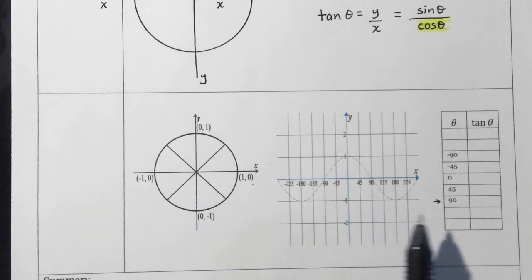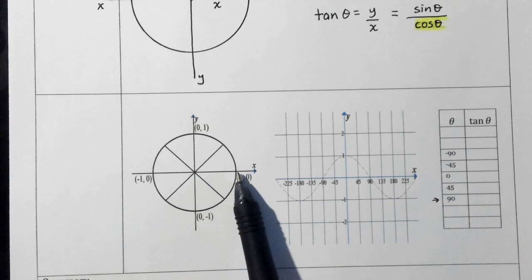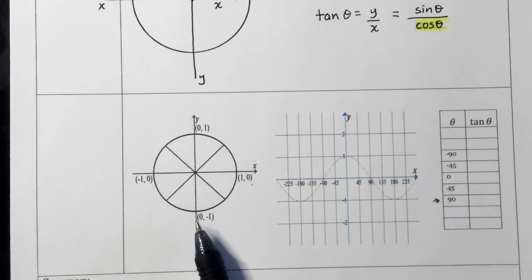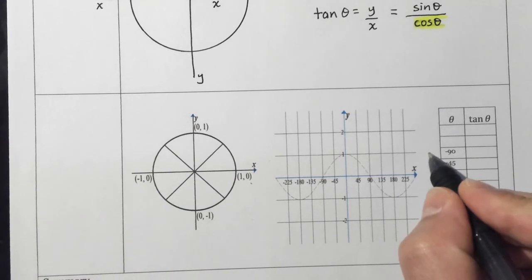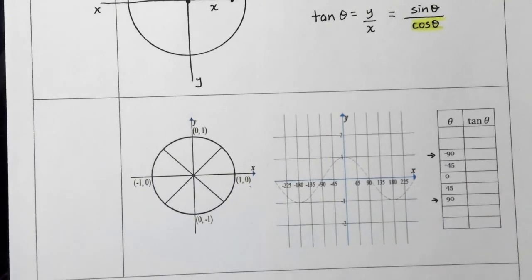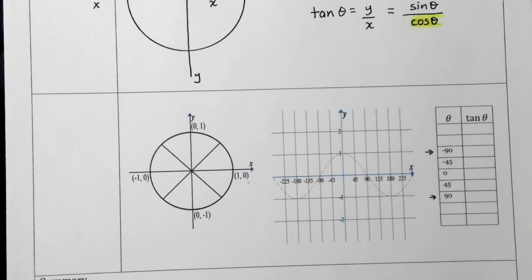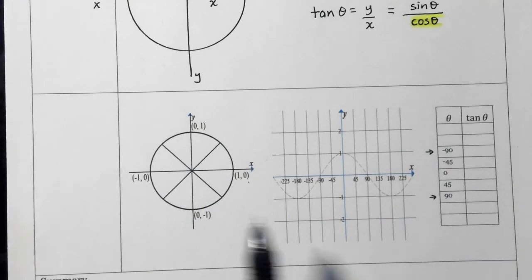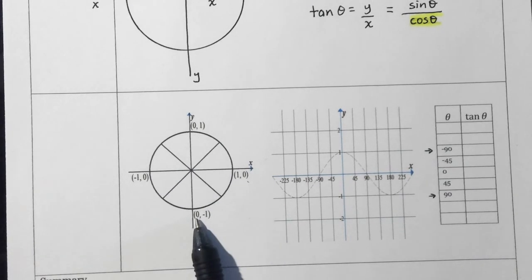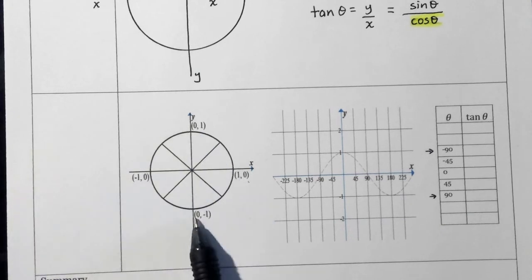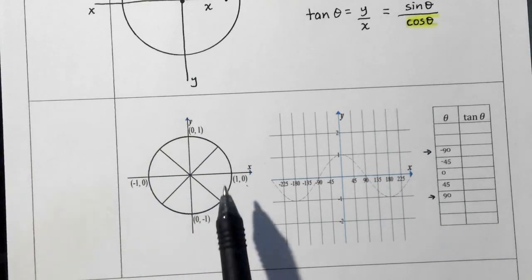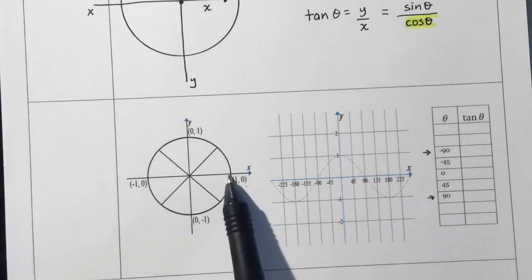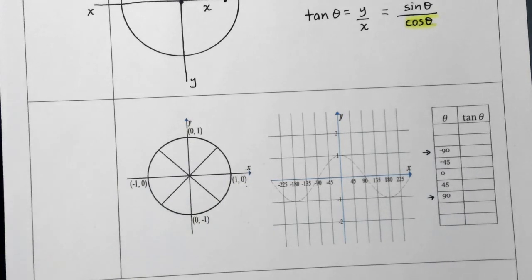If you notice in the table, I'm going backwards. This would be negative 90 degrees. So at negative 90 degrees, and at positive 90 degrees, you get vertical asymptotes. Why? Because the value of cosine is 0 at those two places. Not positive 90 degrees, negative 90 degrees.